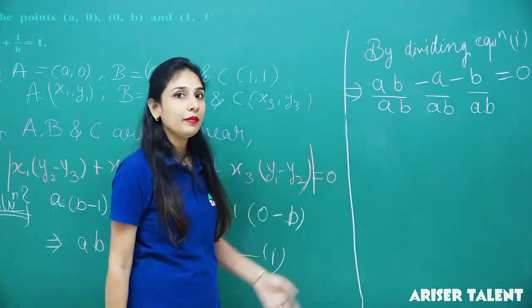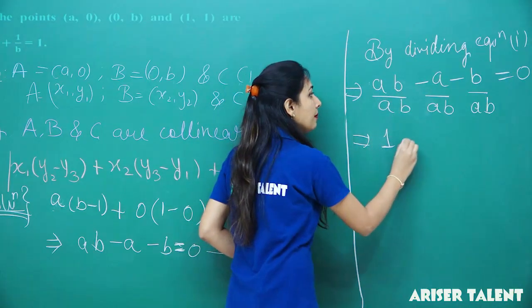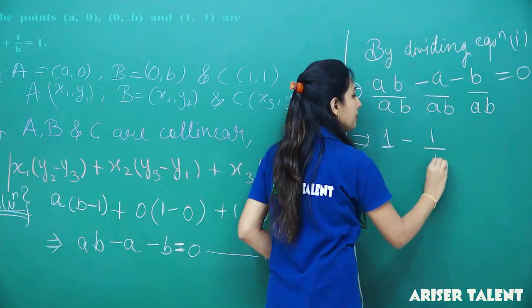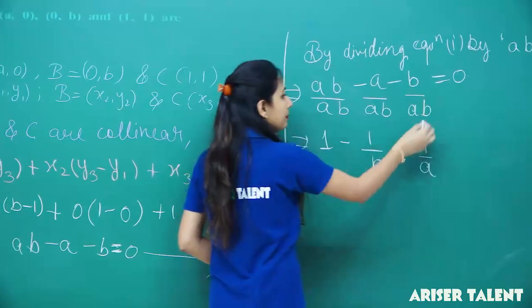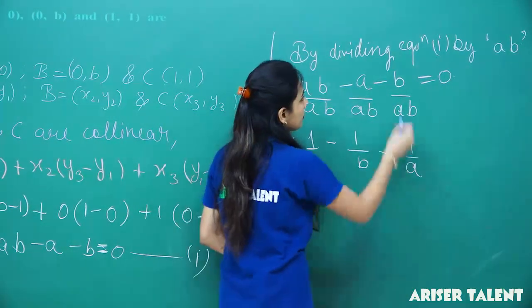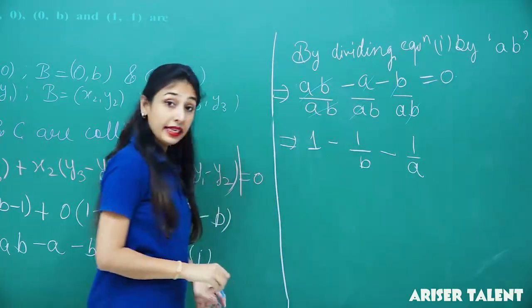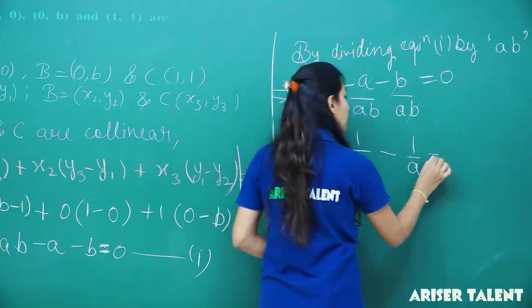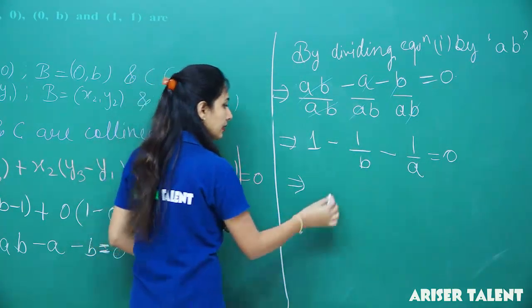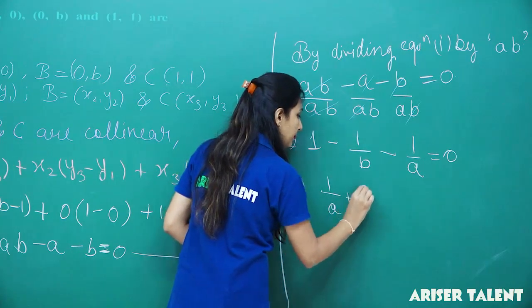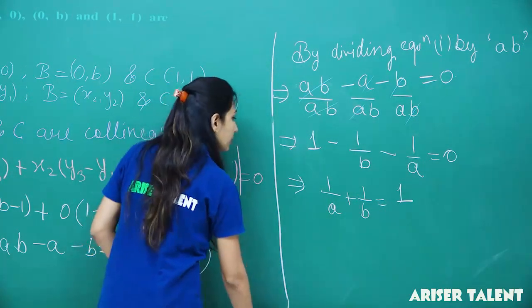0 divided by ab is nothing but 0. So I will have this 1 here, minus a and a will cut, that is 1 by b, and this is 1 by a because b and b will cut. So that is equal to 0. I just transpose these things and I can write that this is nothing but 1 by a plus 1 by b equals 1.